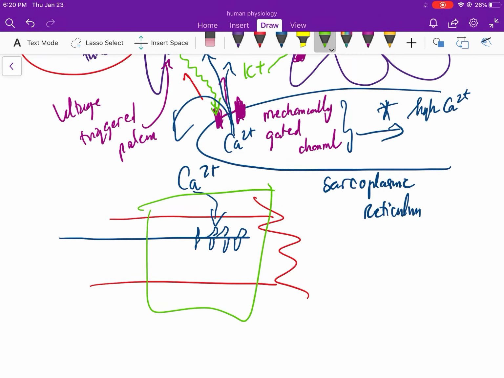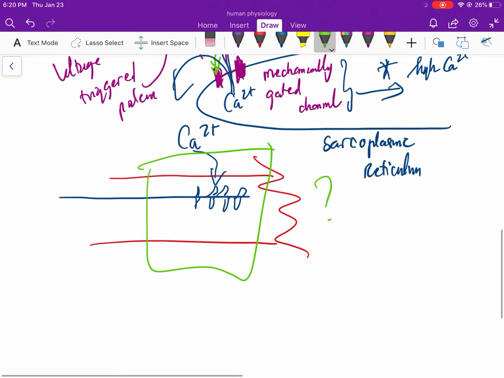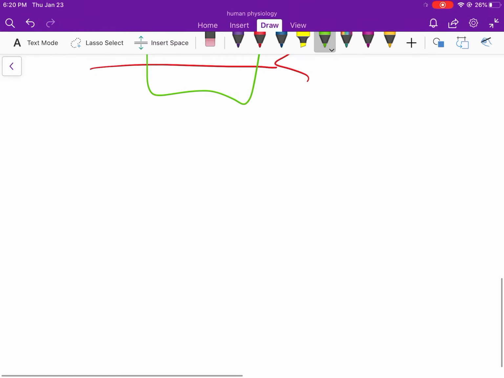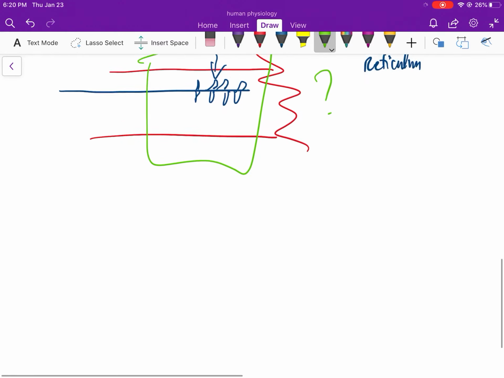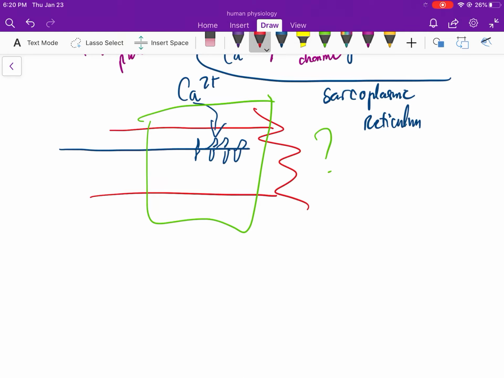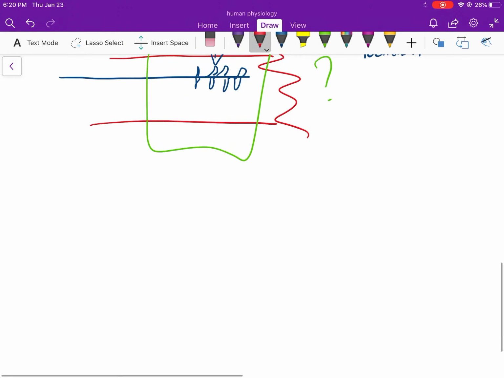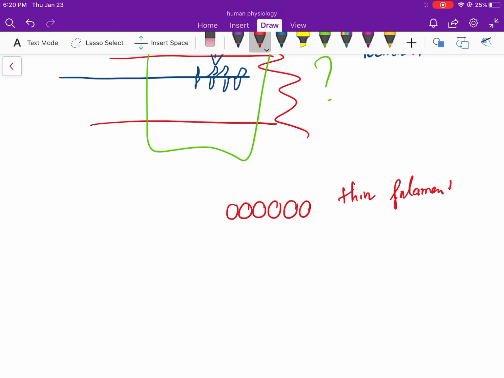So move on from here. Now we need to understand what is happening here that creates the force. So zoom in this picture. I know it's a lot of details. Zoom in this picture. We will see that this is our thin filament, and it is a G-actin protein. It's made of protein.